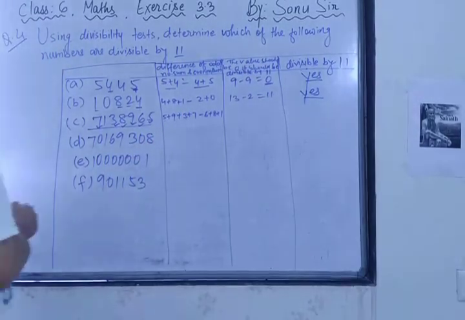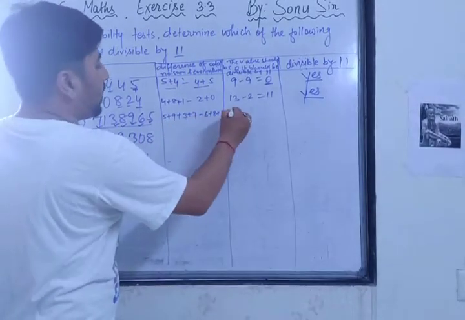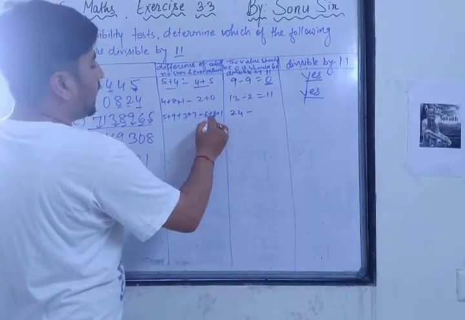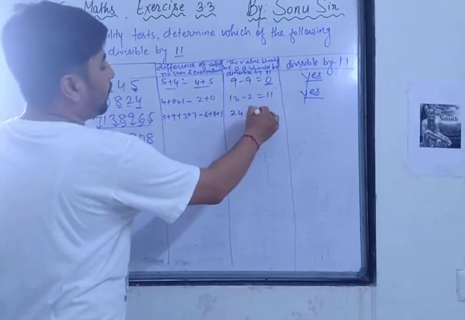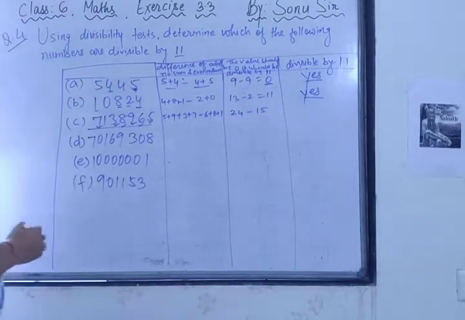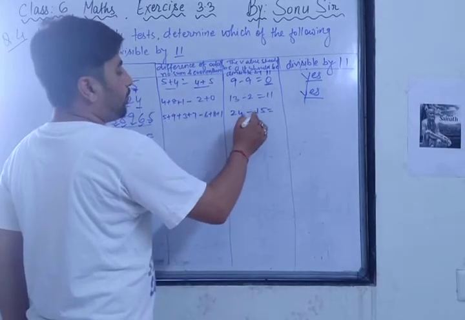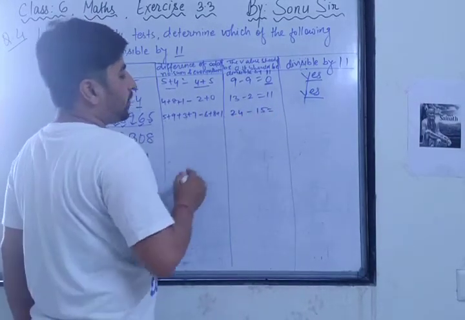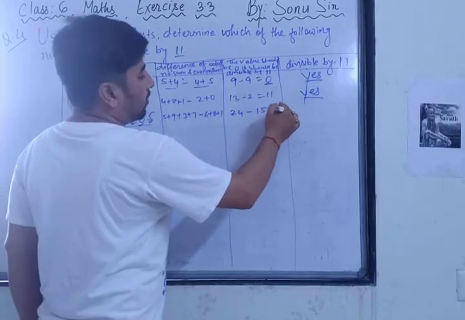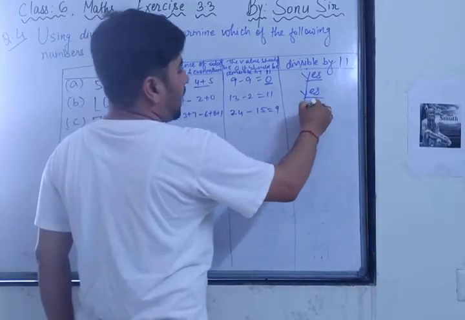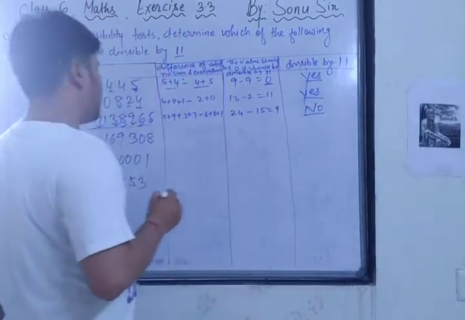So 5 plus 9 is 14, plus 3 is 17, plus 7 is 24, minus 8 plus 6 is 14, plus 1 is 15. So the result will be 24 minus 15, which is 9. 9 is not divisible by 11. So this number is not divisible by 11.